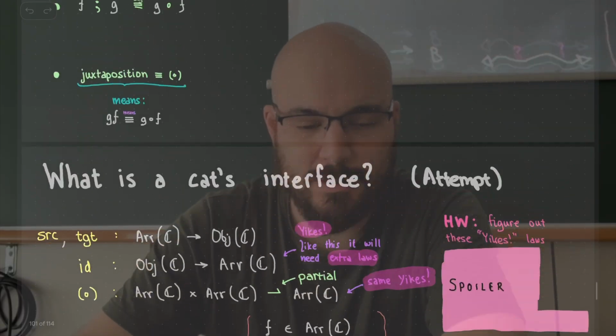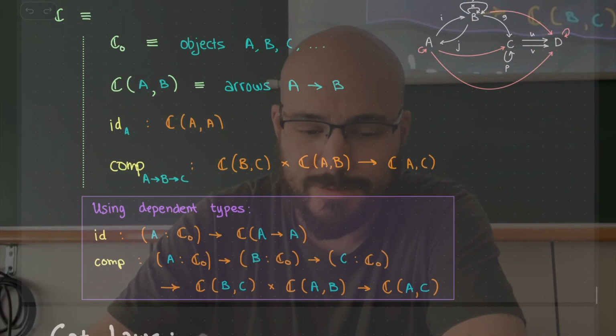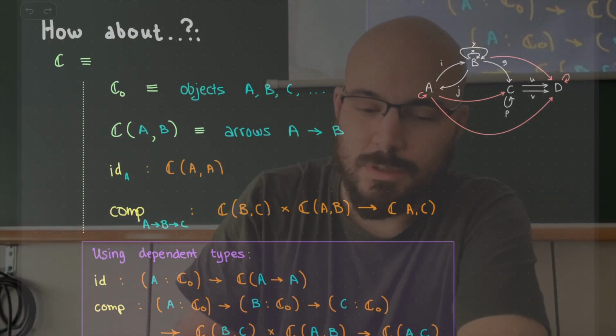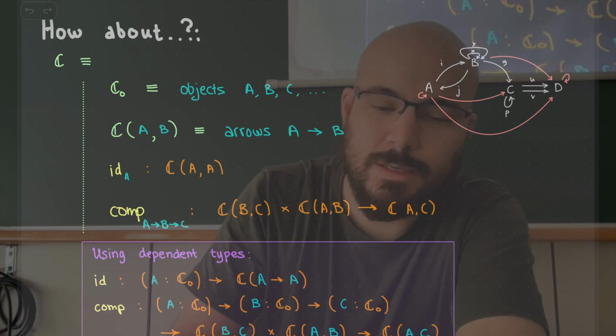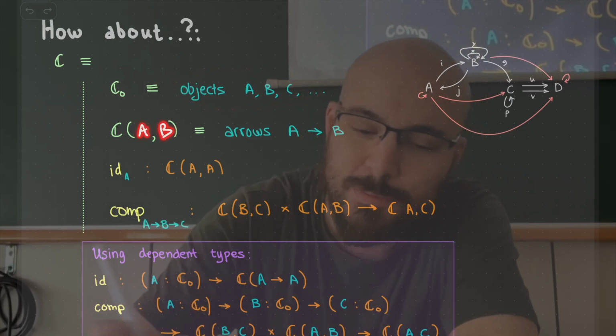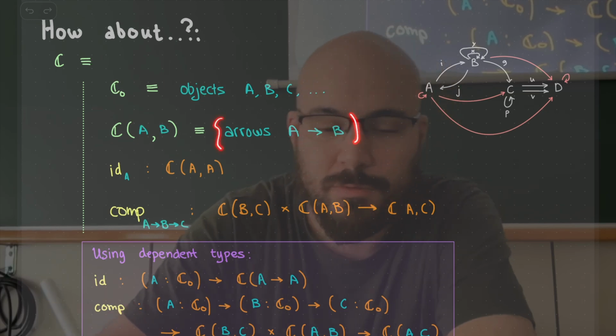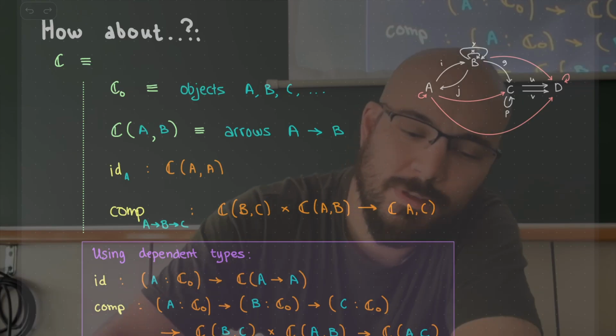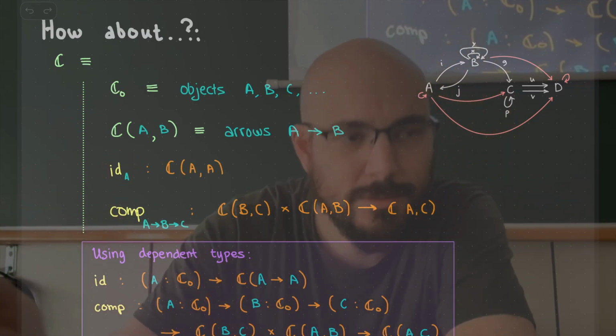And gradually, we ended up saying that a neater way to say this is that I need to specify the objects, and for each pair of objects, I need to specify the collection of arrows from object A to object B, and I have a family of identities.